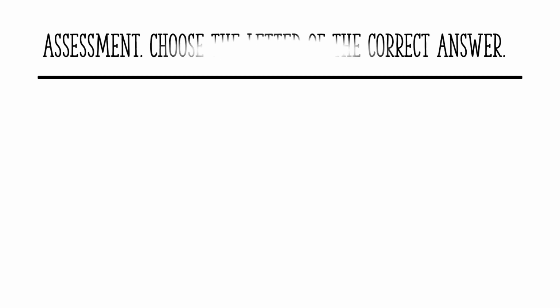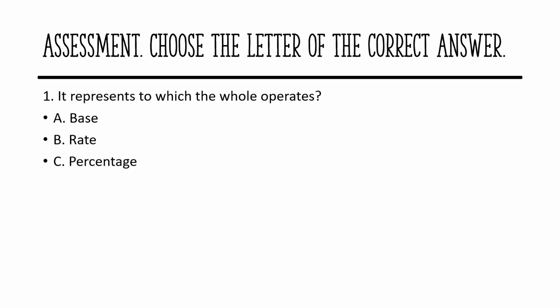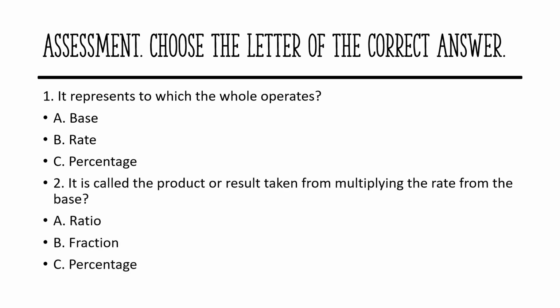Now let's see how far you have gone through with the discussion. As for our assessment, I want you to choose the letter of the correct answer. Number 1. It represents the whole on which the rate operates. A. Base. B. Rate. C. Percentage. Number 2.